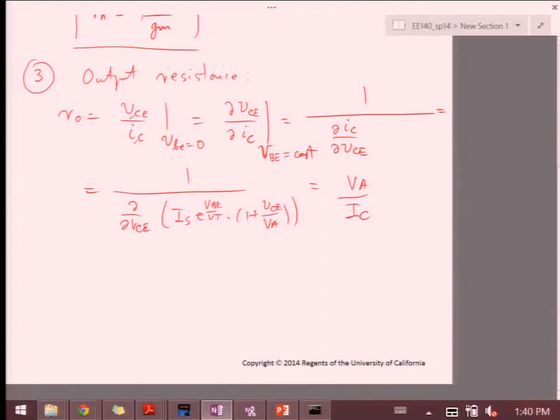So it's our early voltage divided by the current. So again, very simple relationship. Of course, this is all for VB equals constant. Okay.